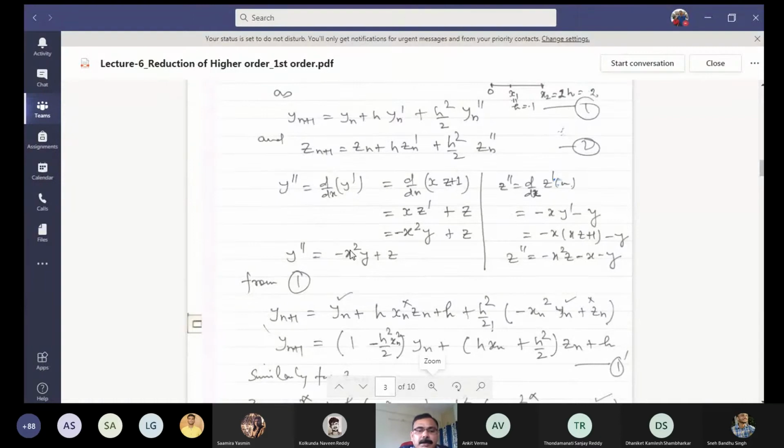Now y(n+1) equal to yn plus h, put the value of y prime. Y prime value is xz plus 1. So this is written xn zn plus 1, plus h square by 2 factorial, and then your y double prime. Y double prime value you have calculated. That is minus x square y plus z, so it will be minus xn square yn.